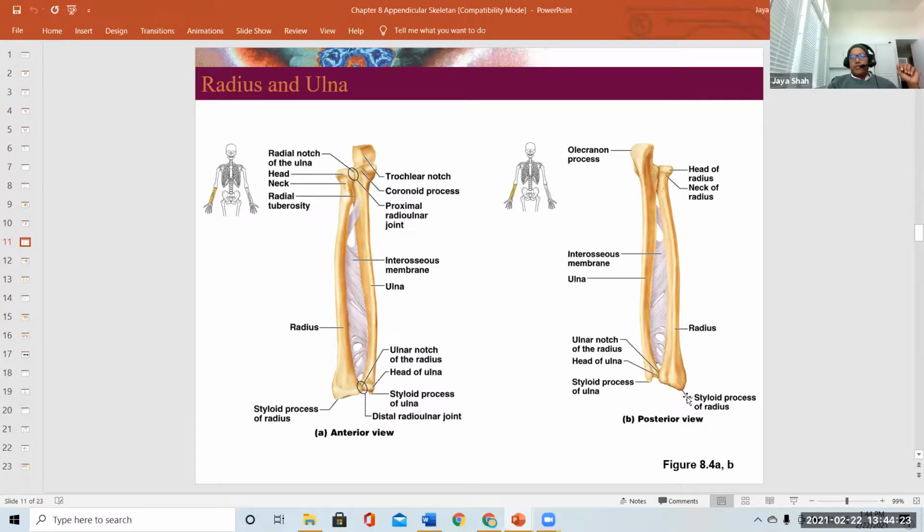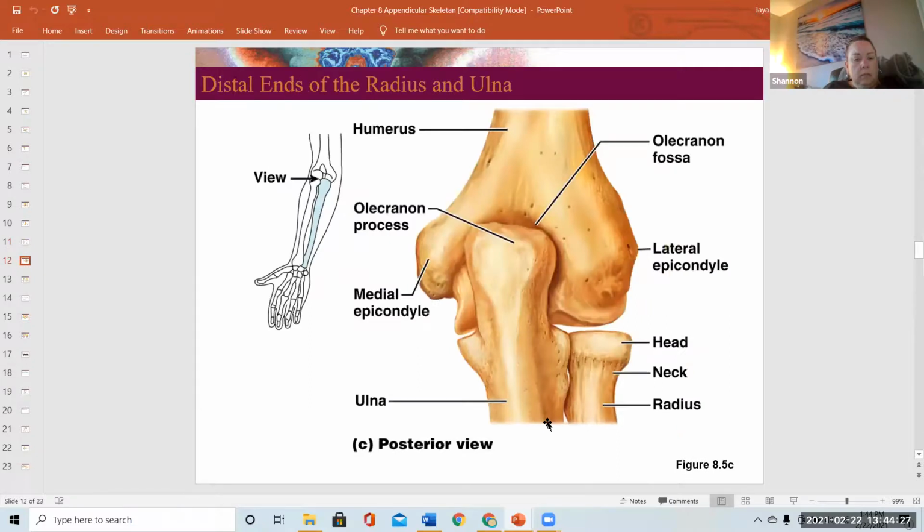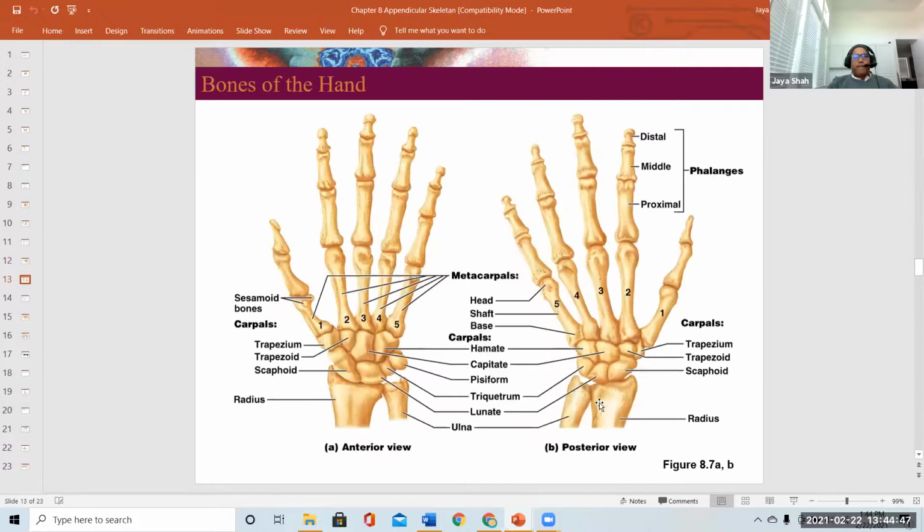There is a styloid process of the radius. See, this is the posterior view to show you the olecranon. So the cavity under here is the olecranon fossa, and the process is for the ulna, and medial condyle, lateral condyle. Here is the head of the radius.